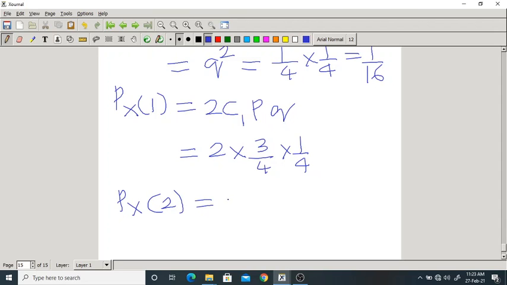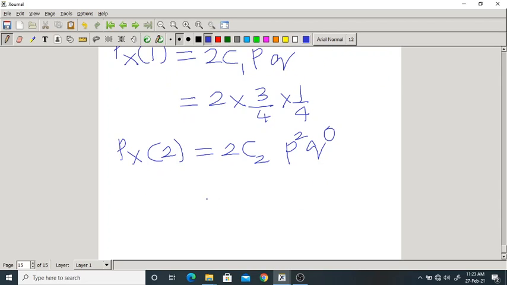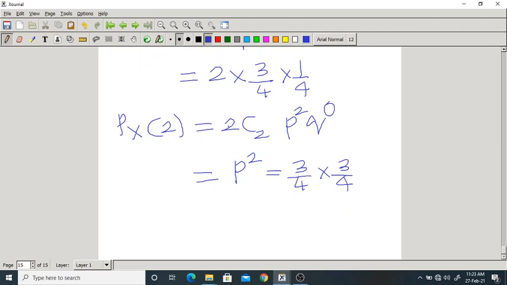That is 2C2 into p square into q power 0. That finally becomes 2C2 is again 1, p square. That is 3 by 4 into 3 by 4. Correct?